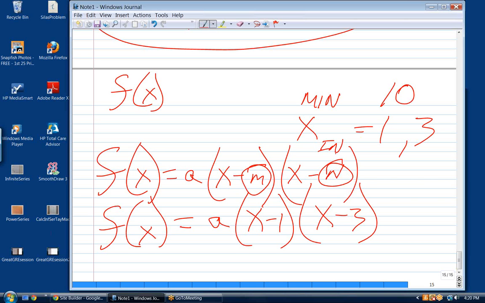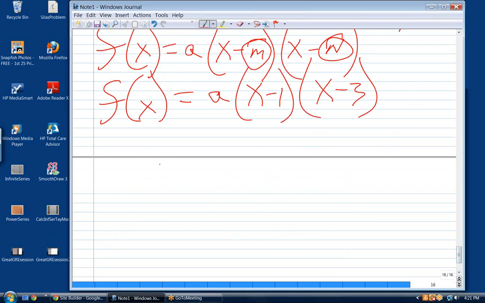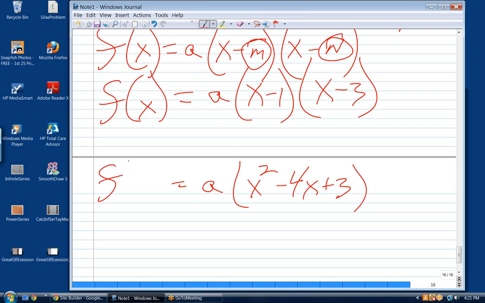And the minimum value is the vertex of this quadratic that we come up with. So if we multiply this out, we get x squared minus 4x plus 3 is equal to our function.